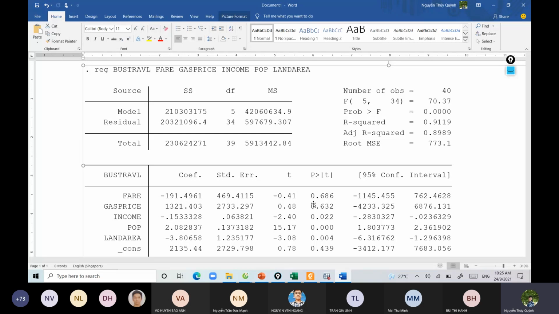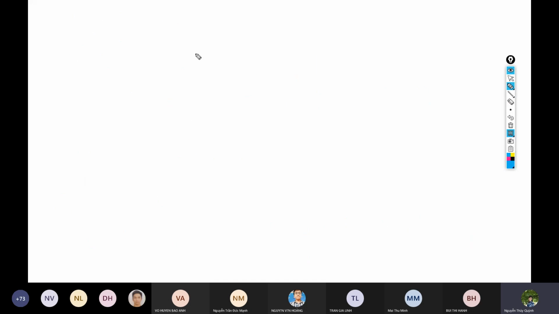Okay, but maybe we say that there may be no individual effect, but they have a joint effect, like in this case where we have y, x1, and x1 has a very high correlation with x2, so you can see that here will be our x2, for example.